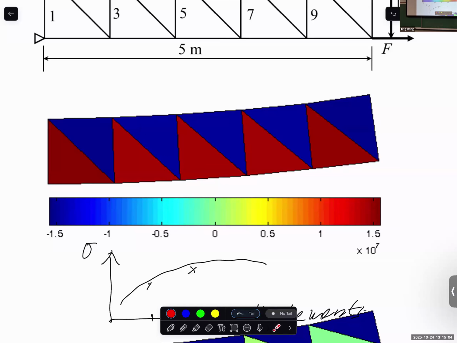And if you have something like this where an angle is very small and it's a more distorted CST element, and it's further away from 60 degrees, it is less accurate. So we always want to avoid the interior angle being too small or too large.